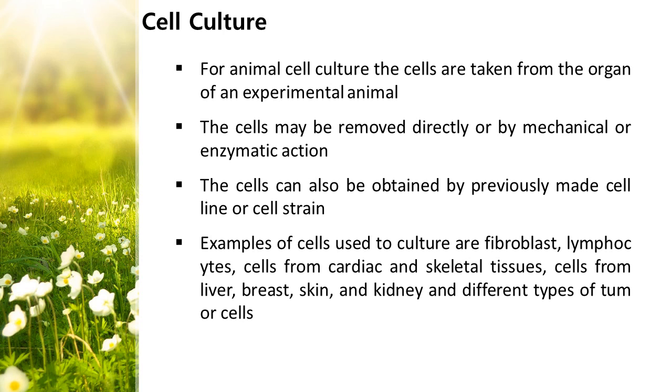The cells which are obtained can be made into a cell line, or we can call it a cell strain. Say for example, the cells which are used to culture are fibroblasts, lymphocytes, cells from cardiac and skeletal tissues, and cells from liver, breast, skin, kidney, and many different types of tumor cells.